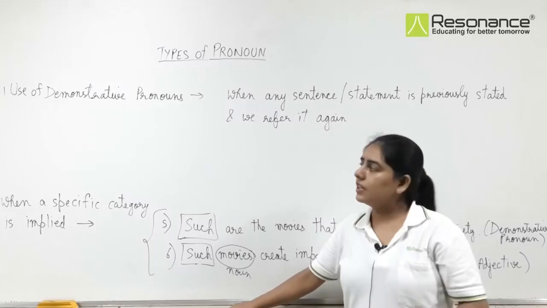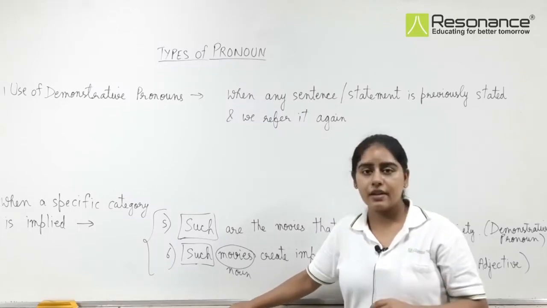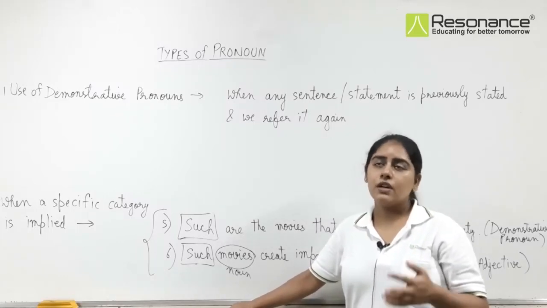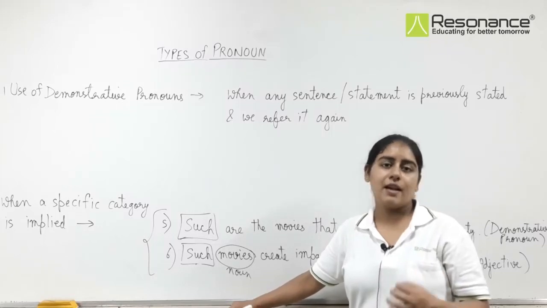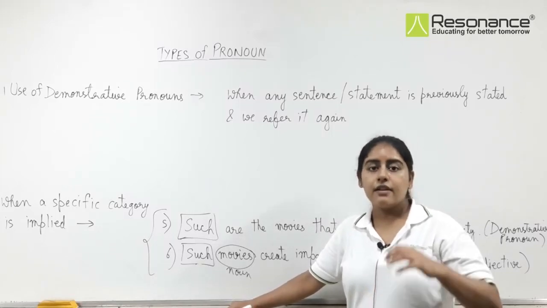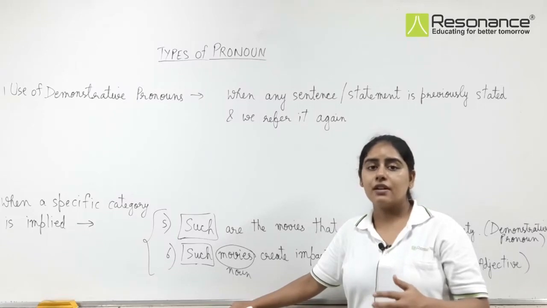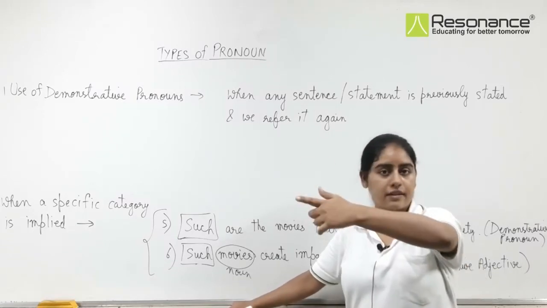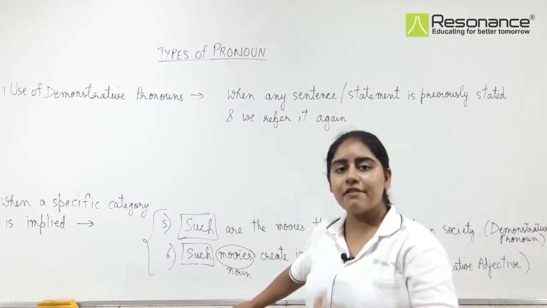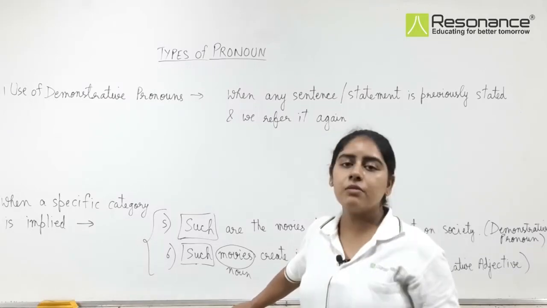For example, suppose I taught you nouns. I told you knowledge is an idea, it is an abstract noun. Now this concept was explained in that class of nouns. So now that I am giving its reference, I will use a demonstrative word here.